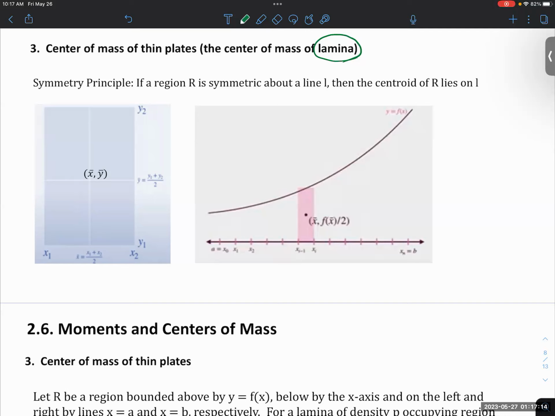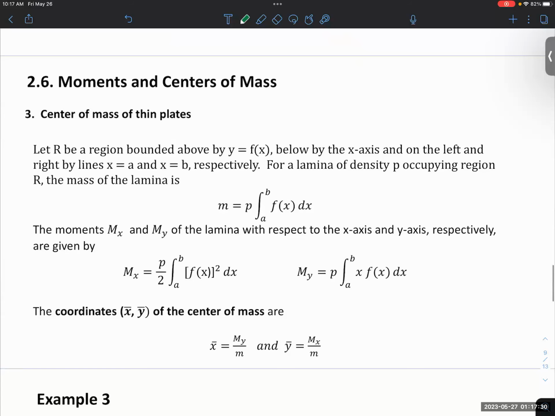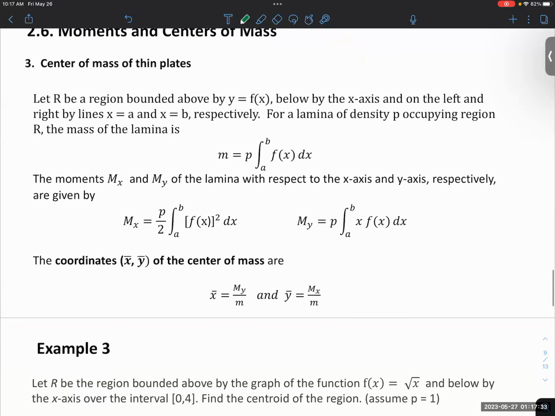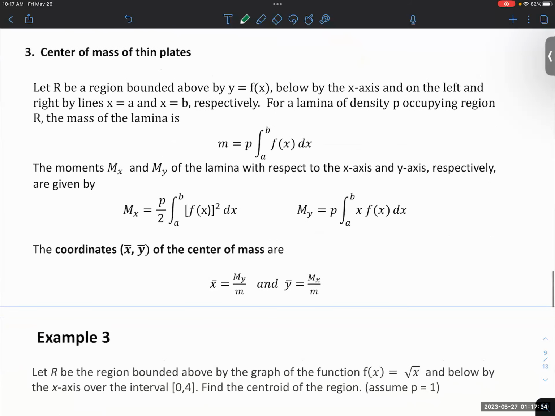So how do we find the centroid of a thin plate or napkin? Let's say you have a napkin and want to hold it, or you have a paper, or a basketball. How would you find the balancing point? In that case, there is a density, because a basketball has weight. So let's say there's a density.